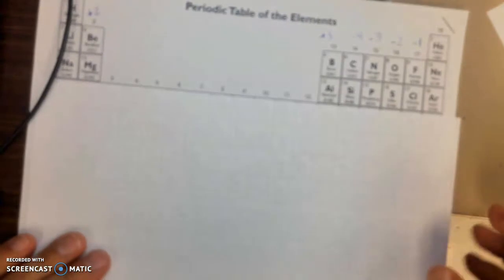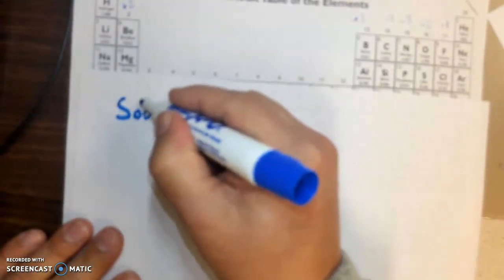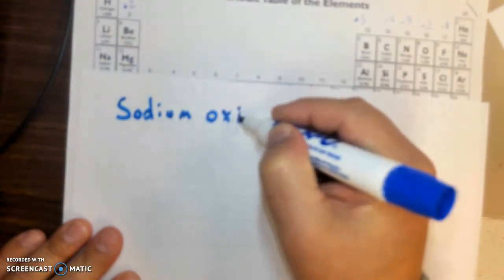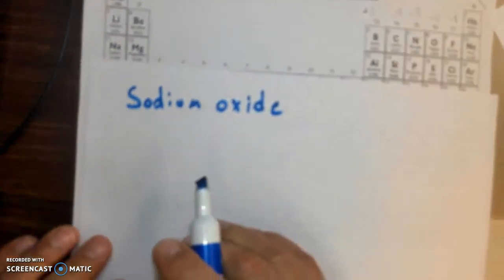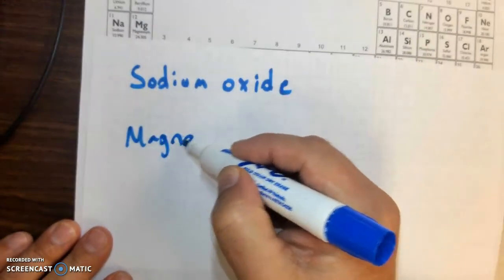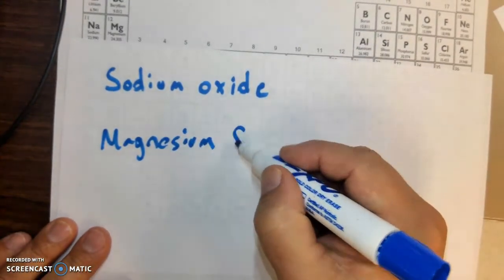So let's play around with a few of these, okay? I'm going to give you a challenge, and then I want you to see if you can figure them out. Show me what sodium oxide would look like. Show me what magnesium fluoride would look like.